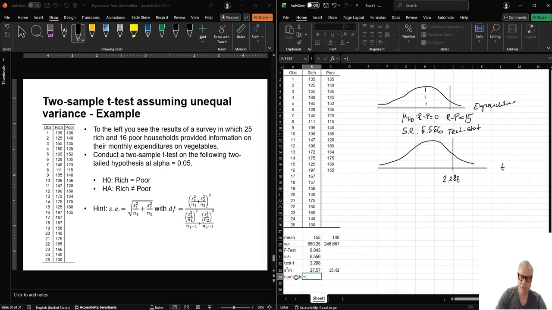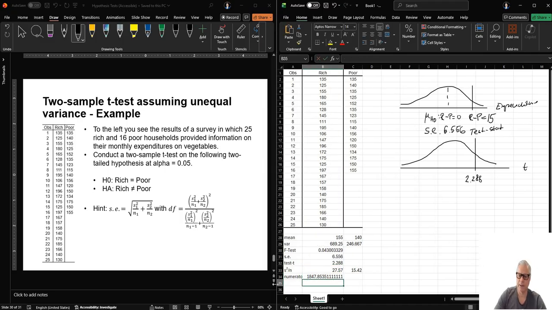So open parentheses, we do the 27.57 plus the 15.42, put that into parentheses, and then we raise it to the power of 2. So now in the numerator we have like 1847.